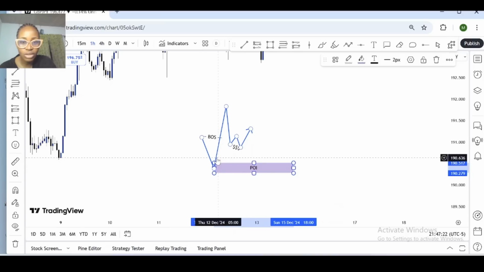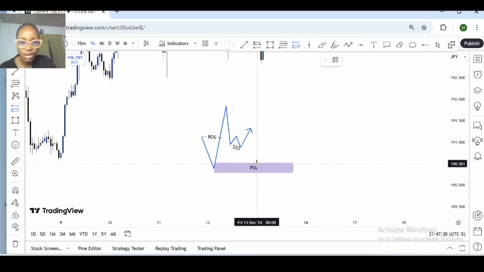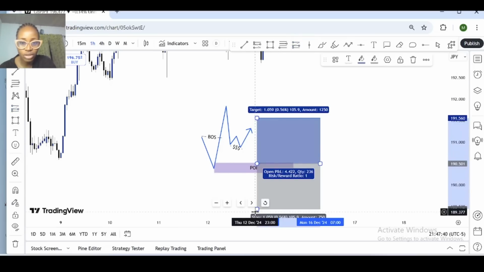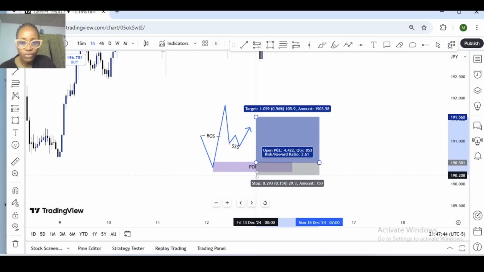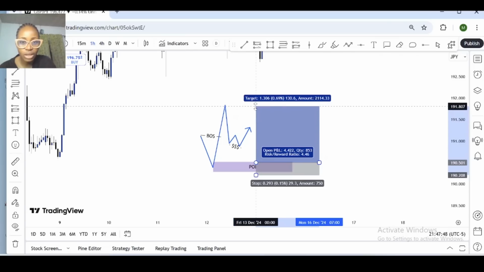And I also want to see price leaving an imbalance, like a fair value gap, very close to the origin that caused the break of structure. If I see this kind of formation, I'll look for an opportunity here. Then my target will be this recent high here.